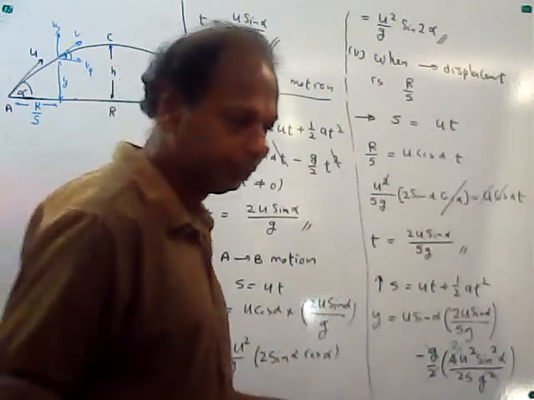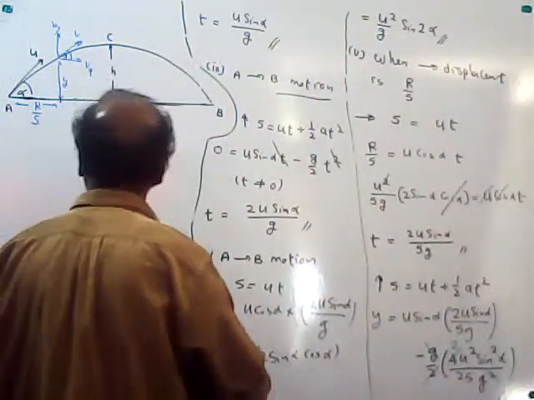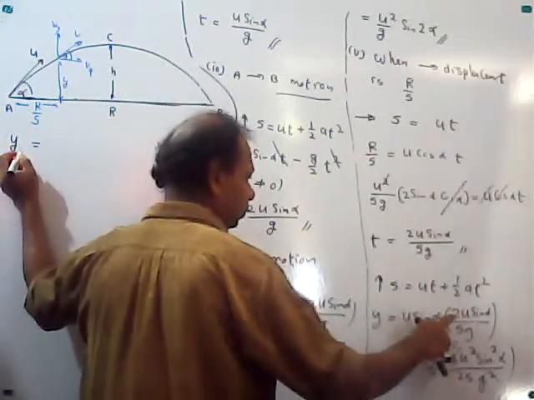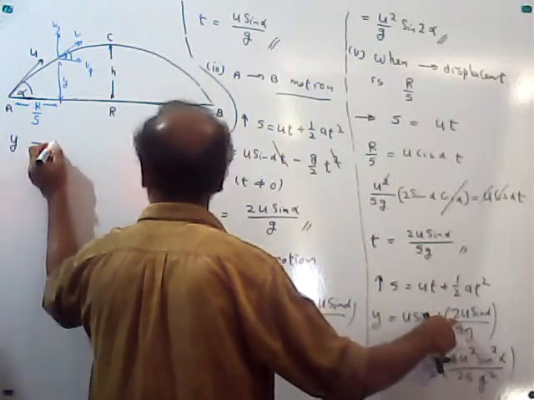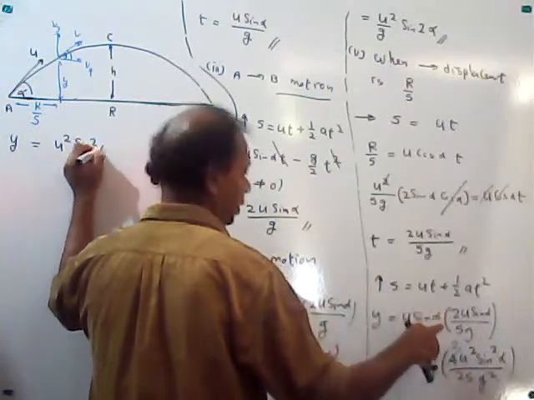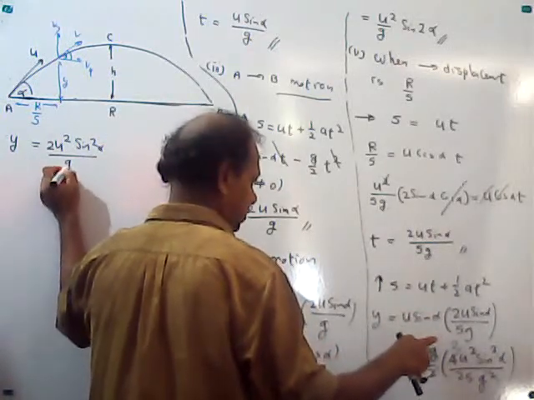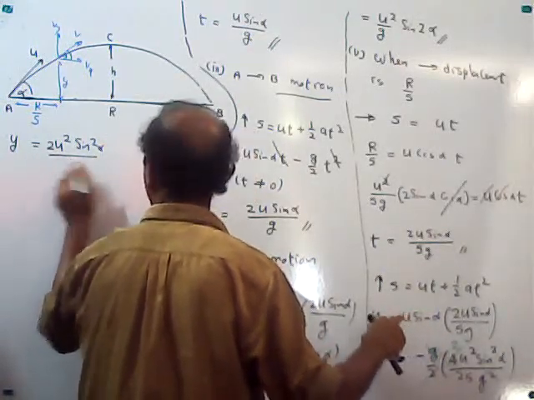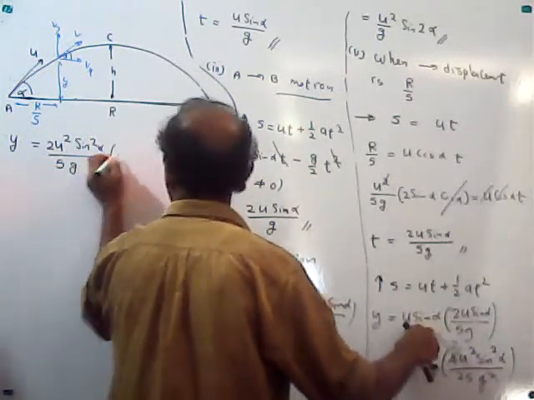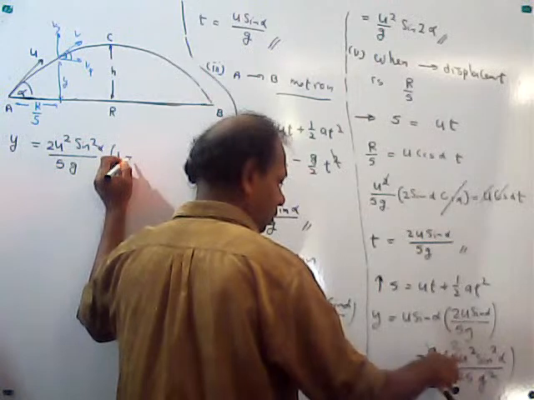Simplifying. You can take u squared sine squared alpha, 2 is also common, over 5g. You can take 5g out. With the whole thing taken out, that will give 1 minus 1 minus 1.